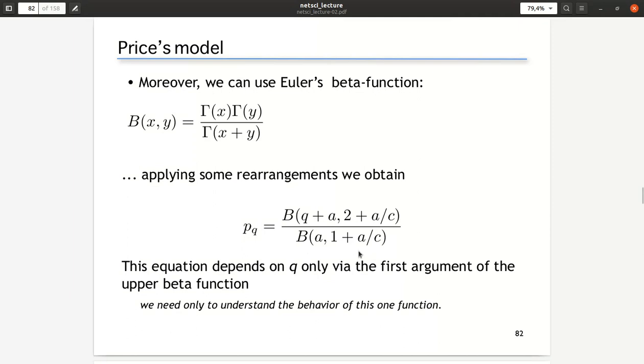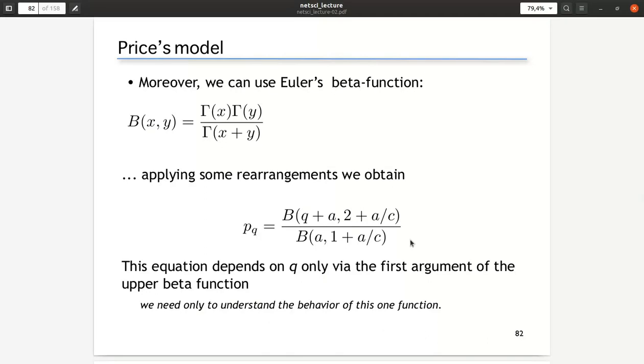The point here is that the upper part of the fraction depends on q, while what is below doesn't depend on q. So basically this part is just a constant value.